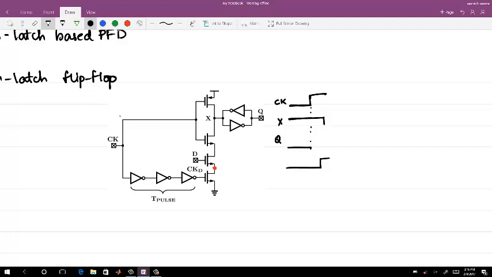There is also CKD: after a certain delay, the delayed clock, which was initially high, will go low.